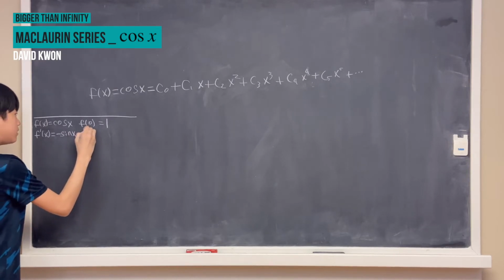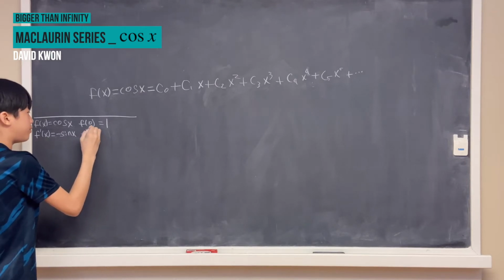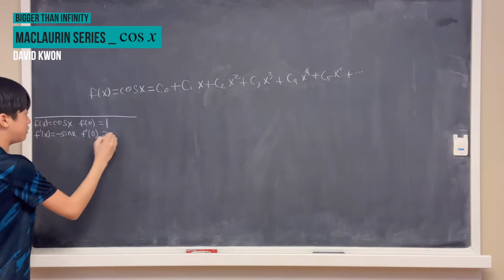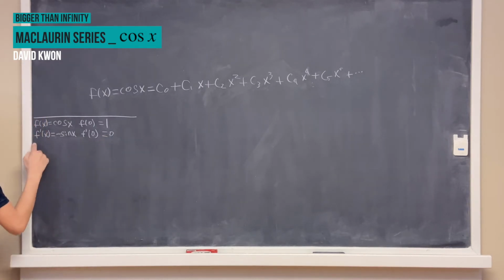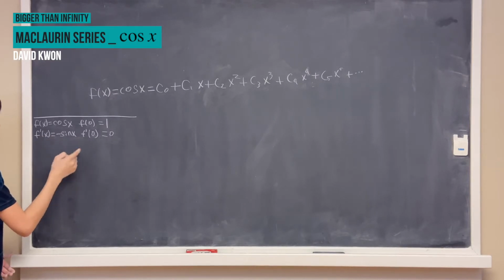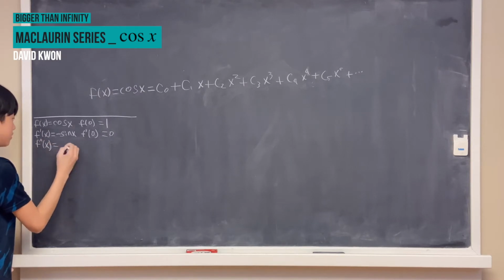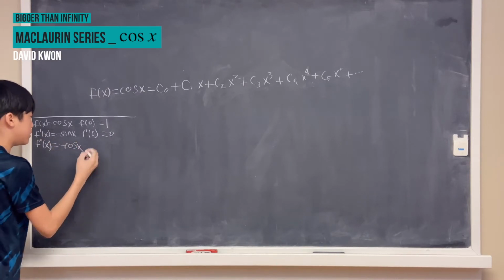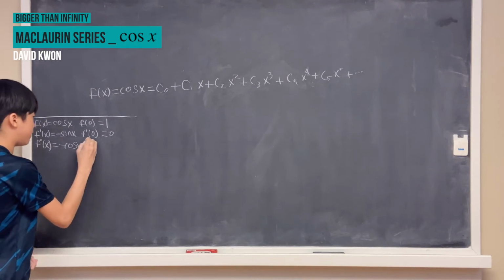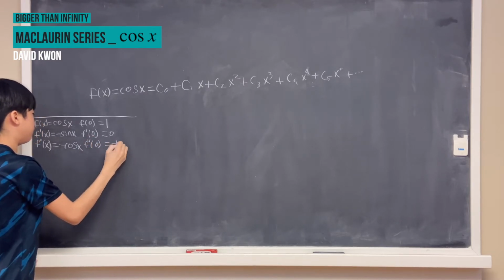Taking 0 for x, f prime 0 is negative sine 0, which is just 0. Then we differentiate again. Negative sine x prime is f double prime x, which is equal to negative cosine x. Setting x to 0, f double prime 0 is equal to negative 1.